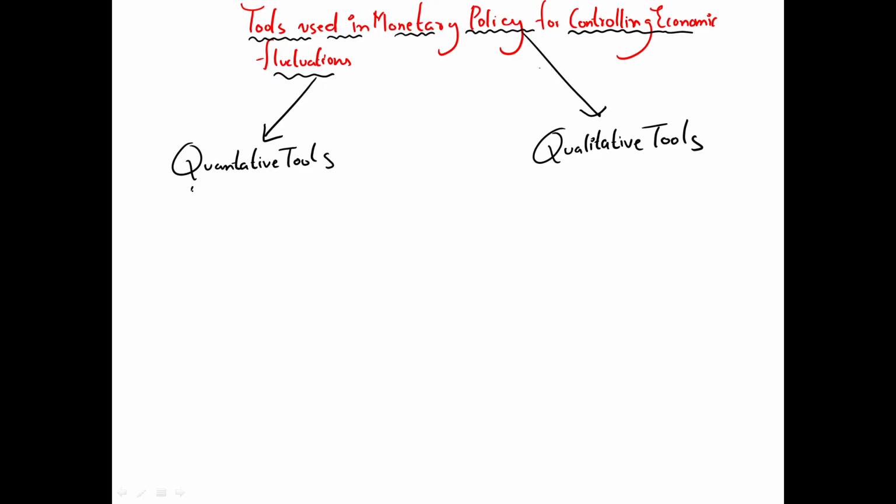Quantitative tools are tools which are numerical in nature, whereas qualitative tools are qualitative in nature.